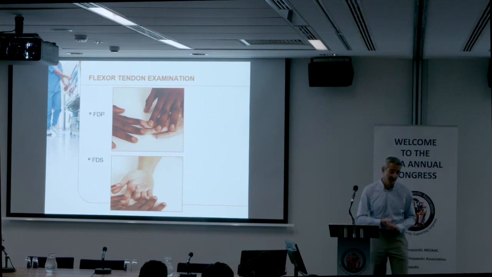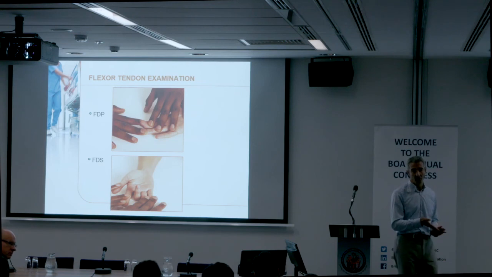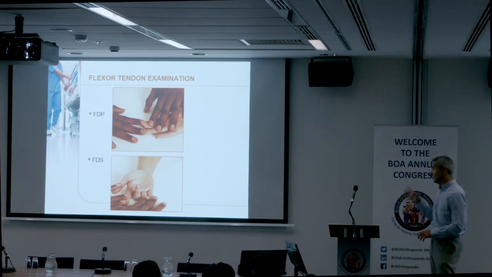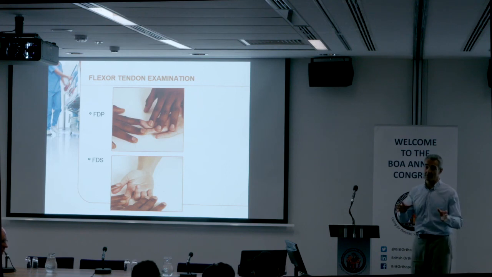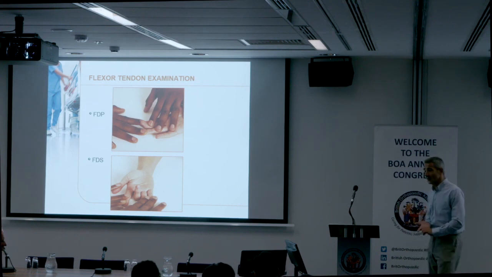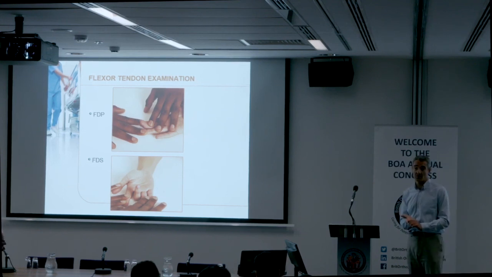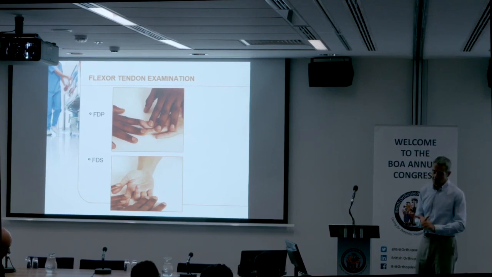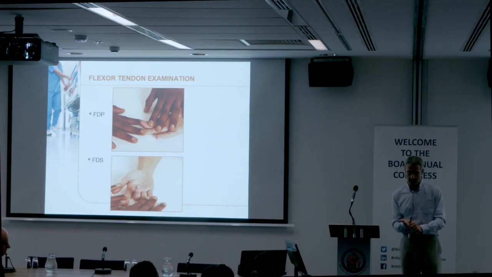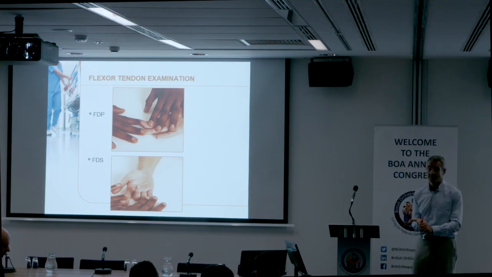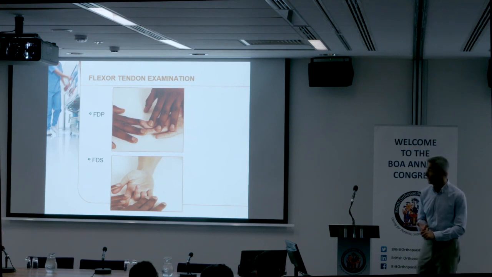So we have to exclude FDP, and fortunately we can do that because it's one common muscle belly with 4 tendons. So if we isolate the other 3 tendons, we can stop FDP from contracting, and that way the only tendon that can mobilize the PIP joint is FDS. Okay? And in fact, the DIP joint is completely floppy.